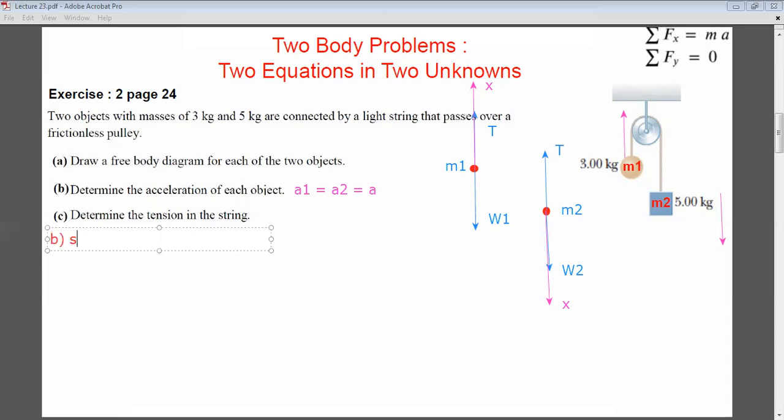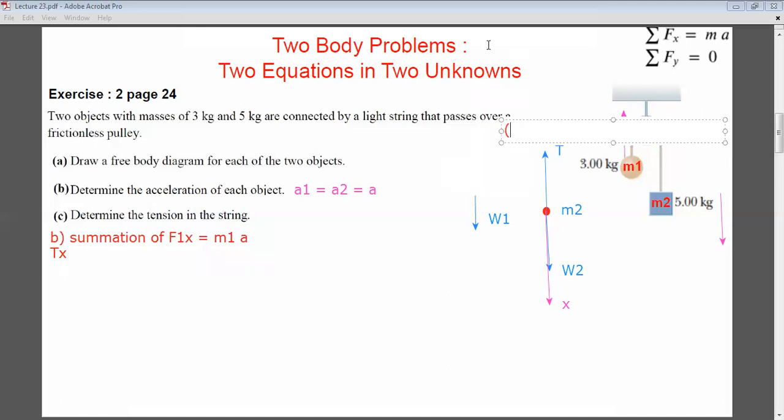Let's start with summation of F1x equal to m1a. That is Tx, or T1x, or we can just call it Tx. Here we can put what are the x and y components.